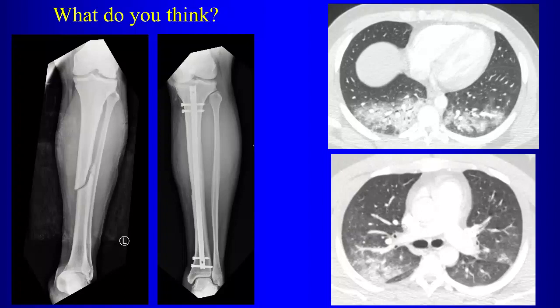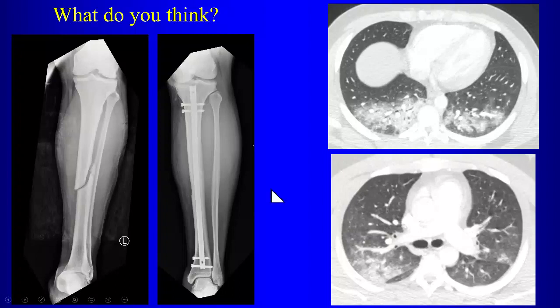Because lipases within the blood convert it to free fatty acids, and it's those free fatty acids that are actually damaging to the lung parenchyma, which is why the symptoms tend to occur a few days after the initial injury. And so what we see is a pattern of pulmonary edema or non-cardiogenic pulmonary edema, consolidation. We don't see the fat embolism itself because these are microscopic.